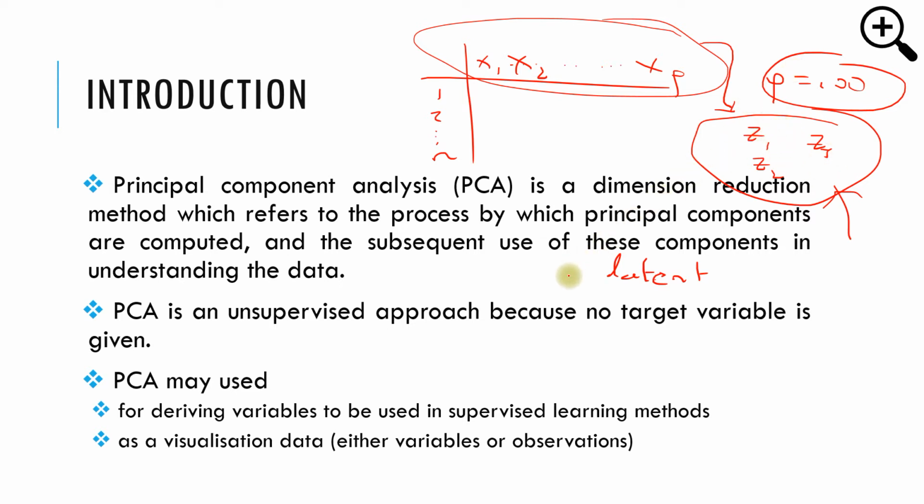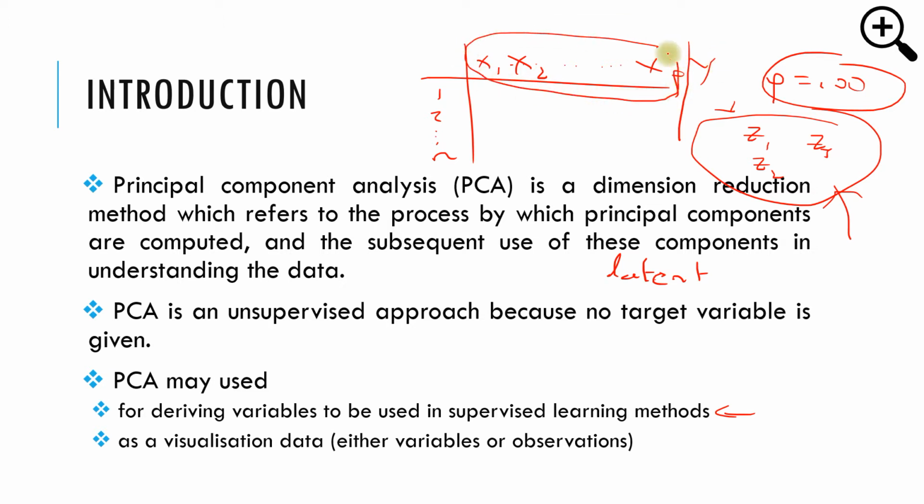So why do we carry out principal component analysis? One of the reasons is to apply it in supervised learning methods. What do I mean by that? Let's suppose you have these different variables on which you have applied the principal component analysis, and you want to predict a certain target variable y.